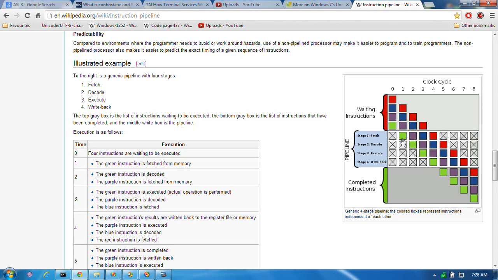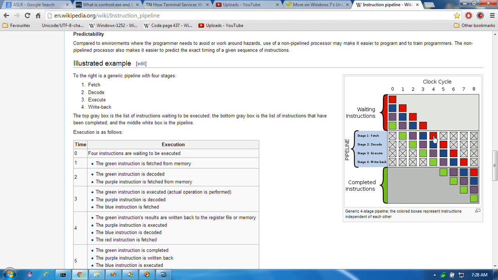At time 2, the first instruction is in the process of being decoded, while the second instruction is being fetched. At step 3, the first instruction is being executed, the second instruction is being decoded, and the third instruction is being fetched.